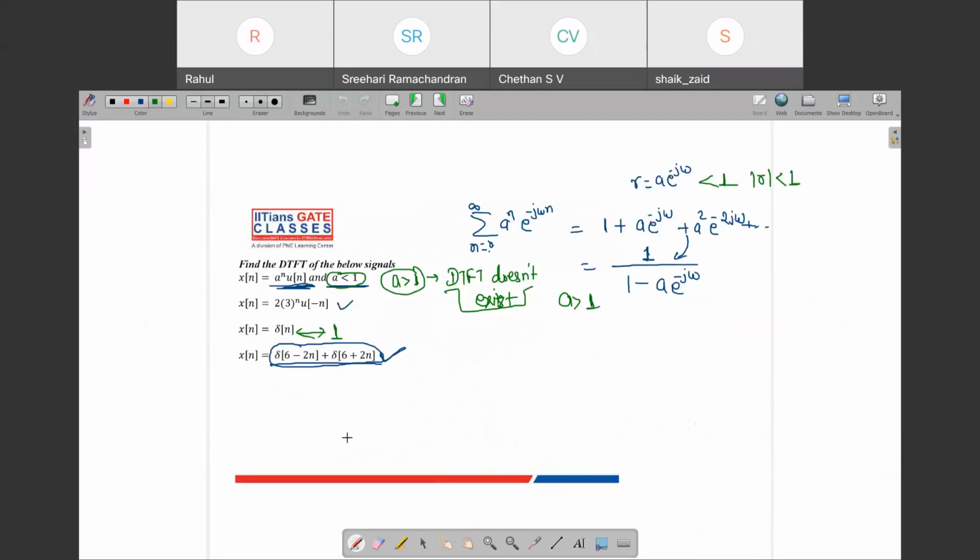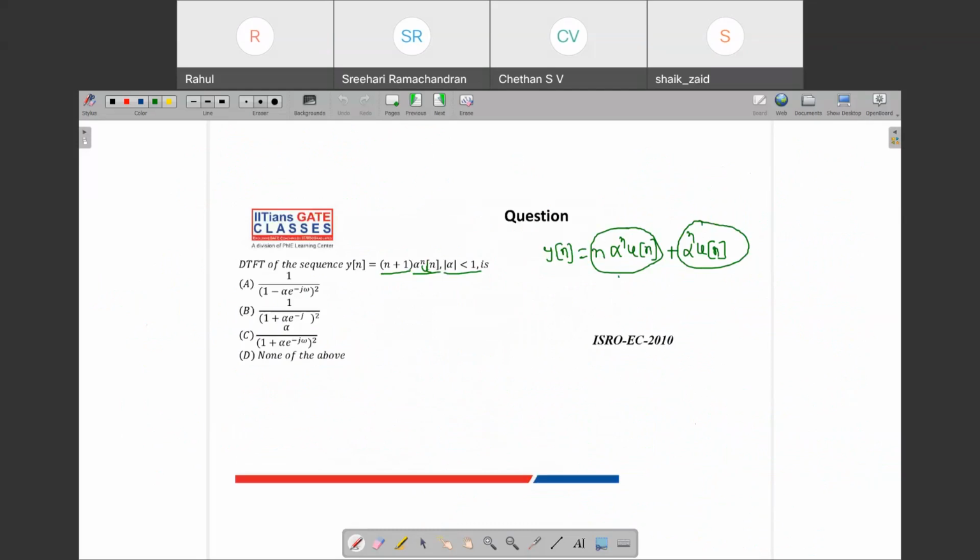We'll use this property to solve the first term. The second term is already clear, so this will be equal to 1 by 1 minus alpha into e to the power minus j omega.